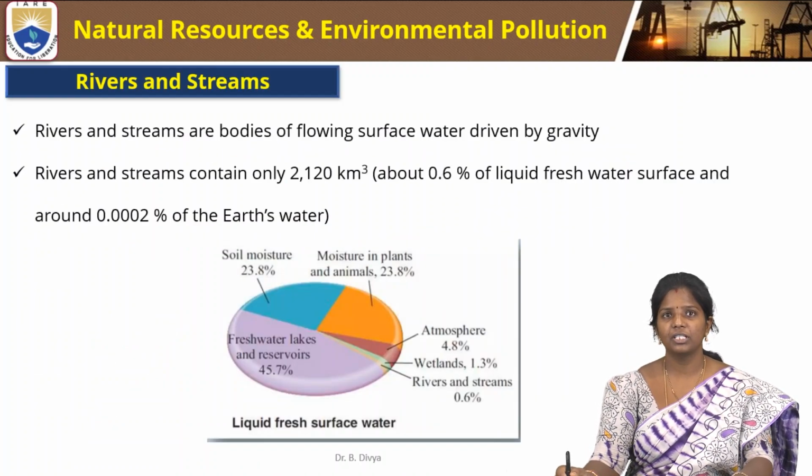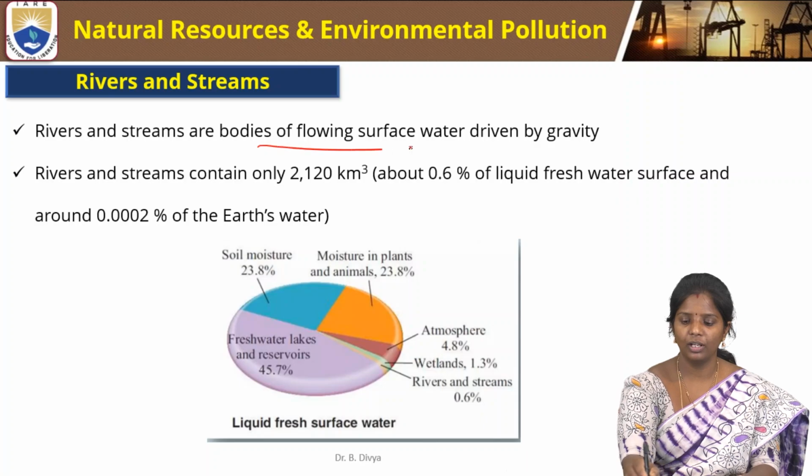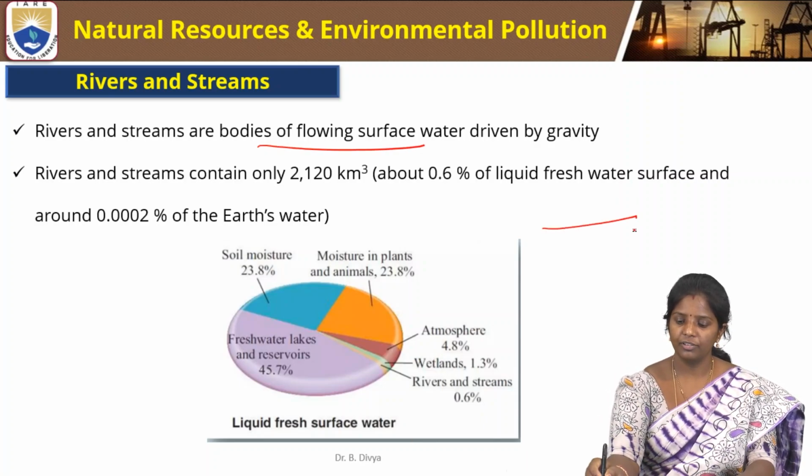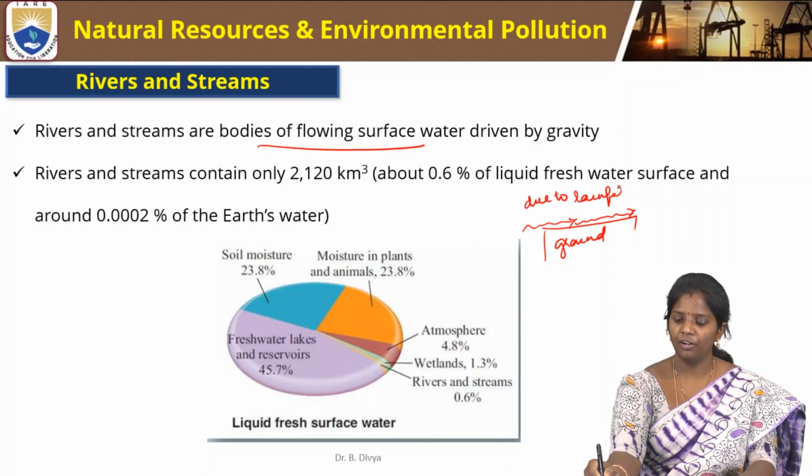Then in the form of rivers and streams, these are bodies of flowing surface water driven by gravity. If it is the ground, there is flowing water on the surface of the ground due to rainfall or from rivers. So this is nothing but river water or stream water.